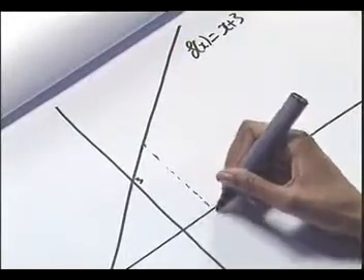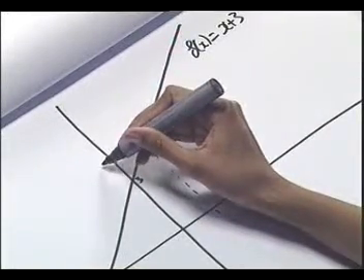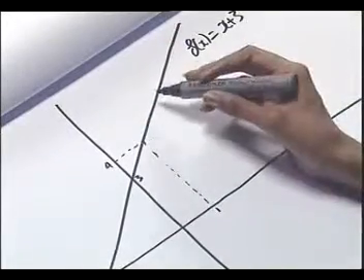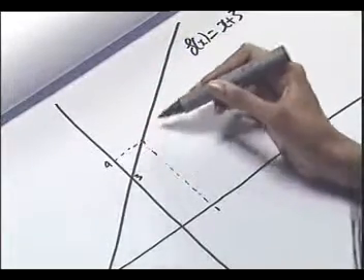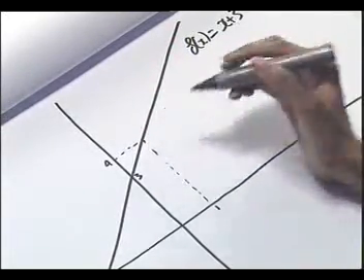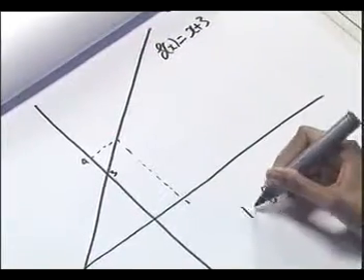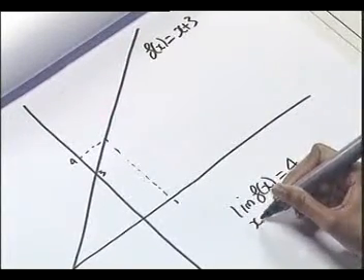Now if I pick a point on this graph, like say here when x is 1, the graph goes through 1, 4, you can see that as x approaches 1, the value of the function approaches 4. We say that the limit of f of x equals 4 as x tends to 1.